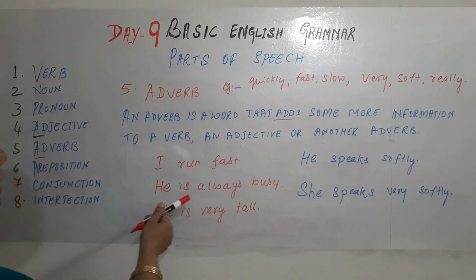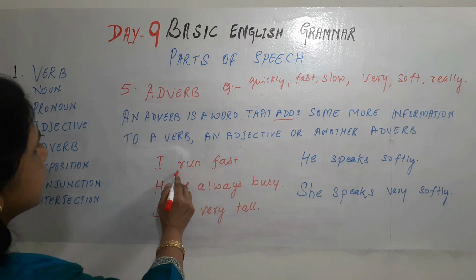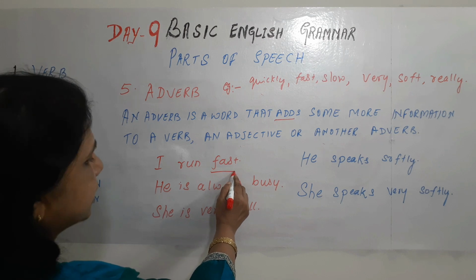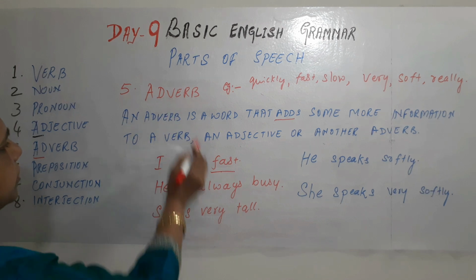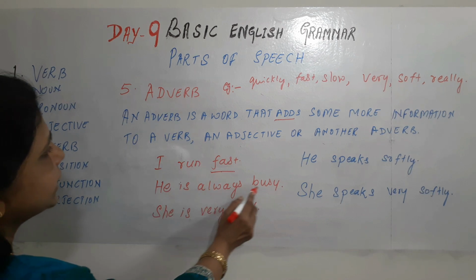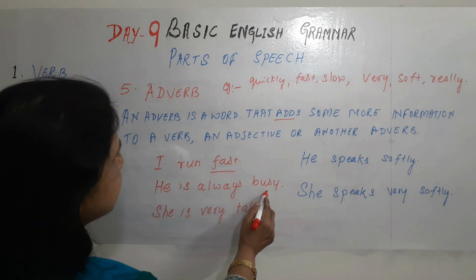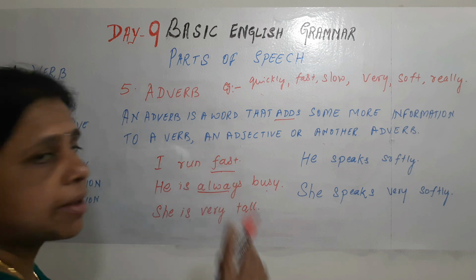Let us understand in sentences. I run fast. Here, run is the verb and how? How do I run? I run fast. Fast is an adverb. He is always busy. Here, "he is busy" is fine. How is always? All the time he is busy.